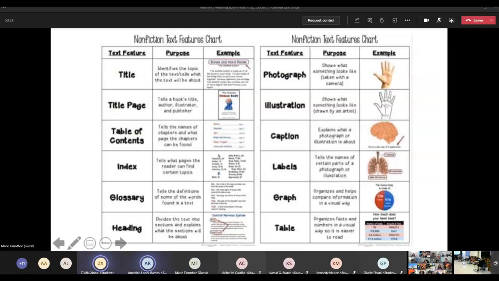Glossary. Index. I only hear Angeline and Ziamia. Index. Glossary. Which one would I use to find the definition of a word? Guys, I need to hear more people.